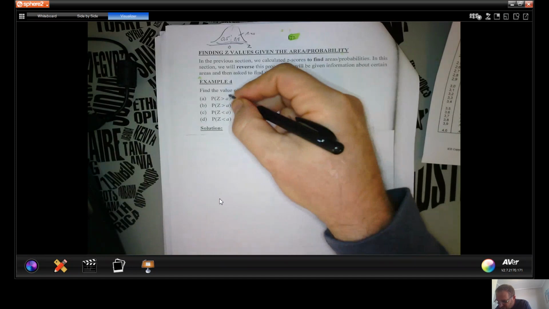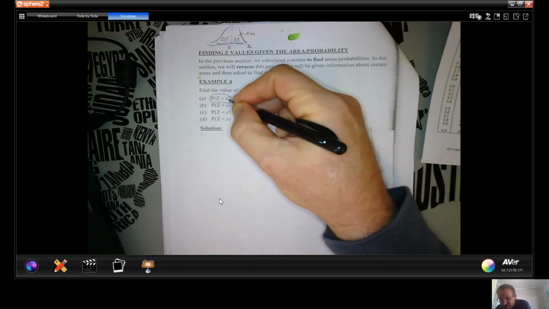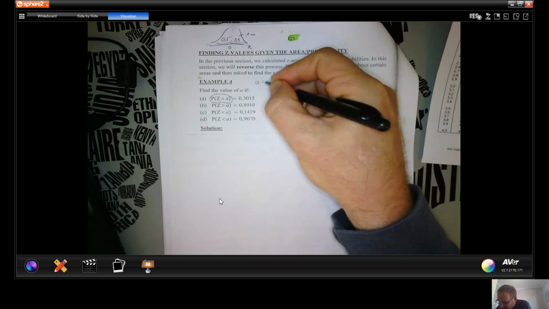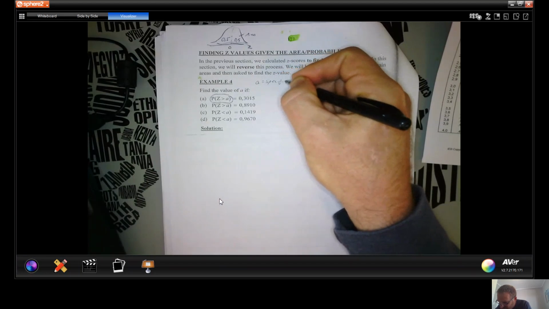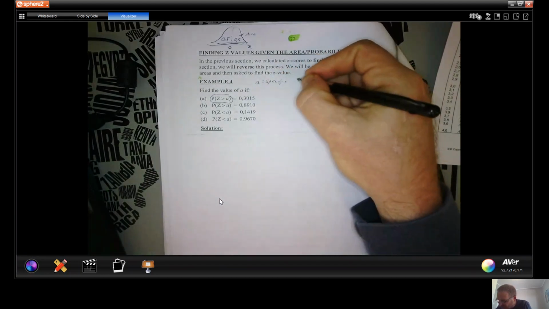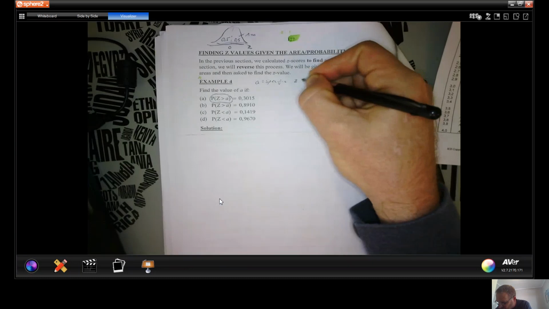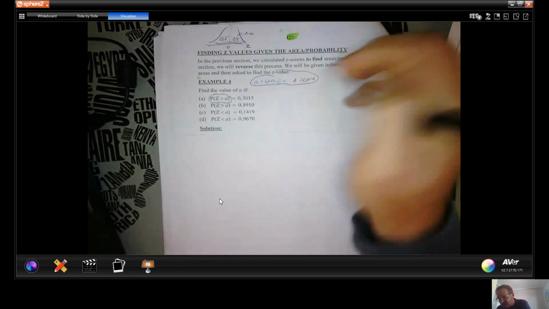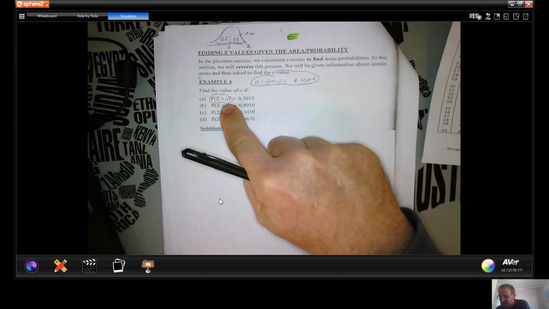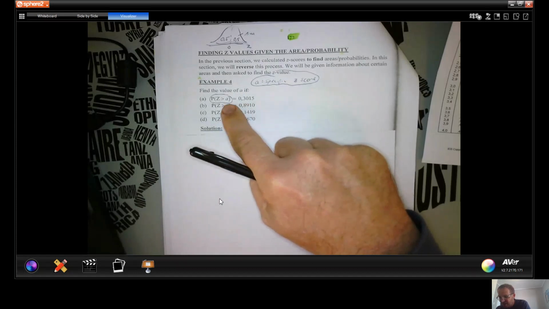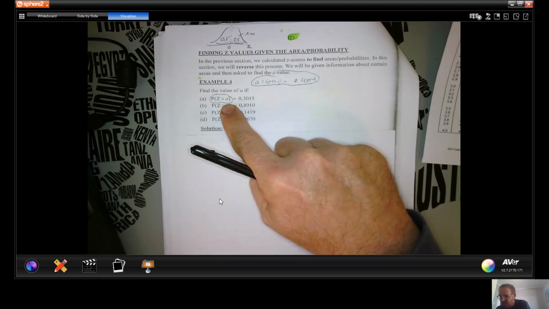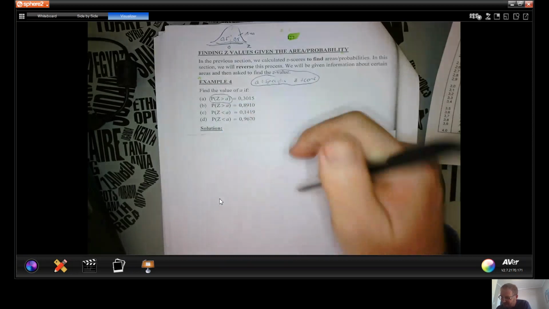Remember now your probability, when they talk about Z is greater than or equal to A, you can use any notation you like, but A is your specific Z score that we're working with. So A is actually a Z score. They want to know what's the Z score such that the area bigger than that particular Z score is equal to 0.3015.